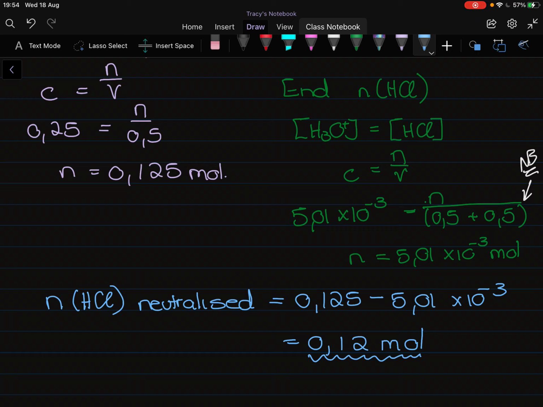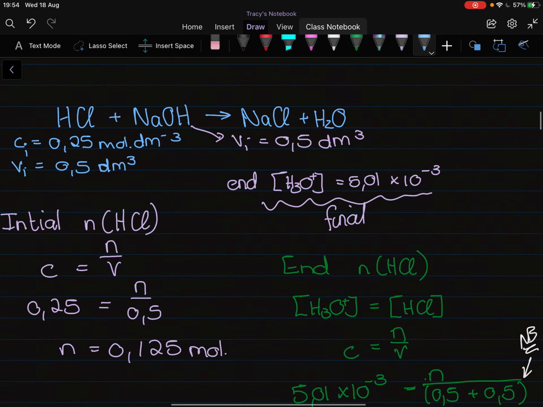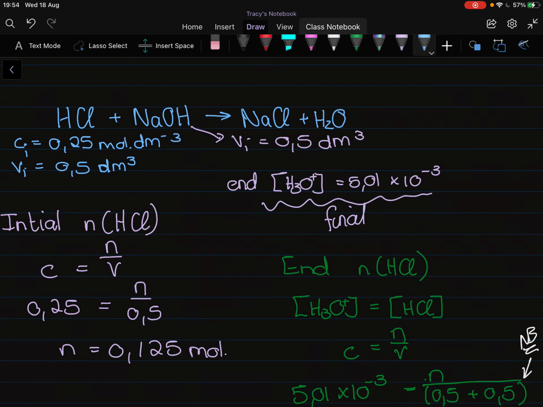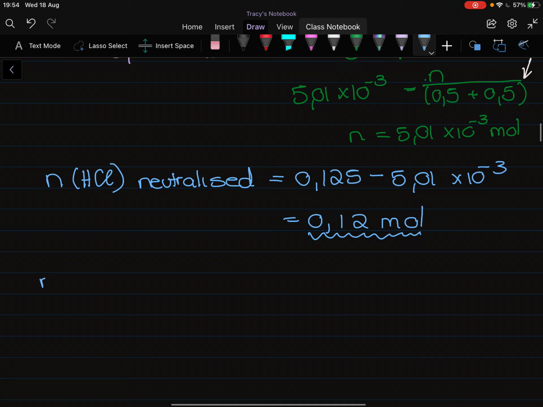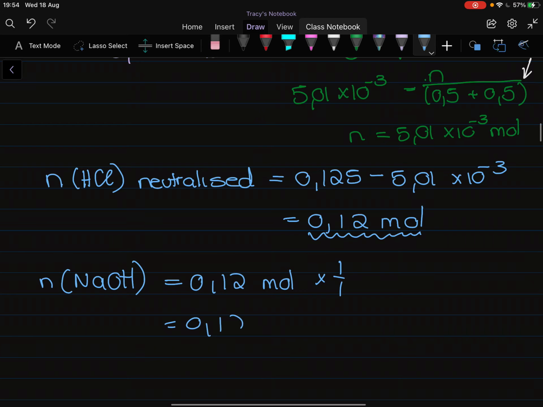That was the hard part. If I told you that that was how many moles of HCl we'd used, and now I say to you, work out the concentration of the NaOH, you can do this. I know the volume of the NaOH. I now have enough information to get the number of moles of the NaOH, because it's going to be 0,12 moles, a 1-to-1 ratio.